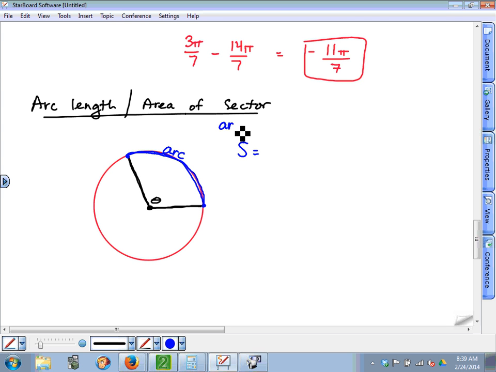Really easy formula: S equals the radius times the angle. So whatever the length of the radius is, you multiply that by the measure of the angle. Now this is critical that you make a note of this. Theta is in radians. This formula only works when theta is in radians.